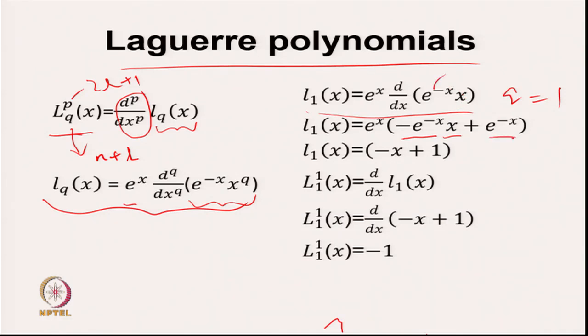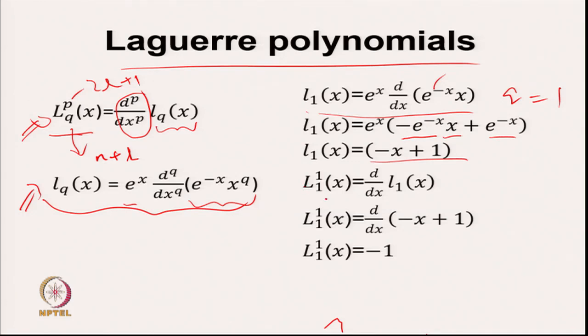So, you will get plus e^(-x), and since this is multiplied by e^x, e^x into e^(-x) is 1. So, what you will get is simply 1 minus x, or minus x plus 1.